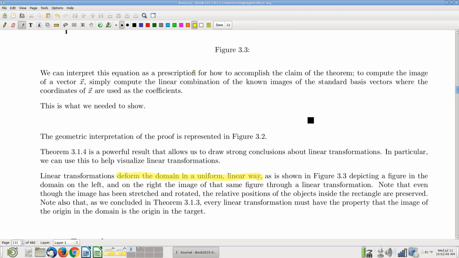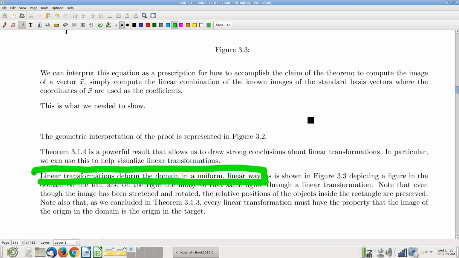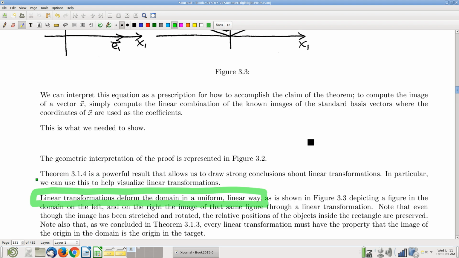Okay, so just to give you a little bit of geometric intuition, I like this statement here. Linear transformations deform the domain in a uniform way. There is a uniformity to how linear transformations deform the domain.